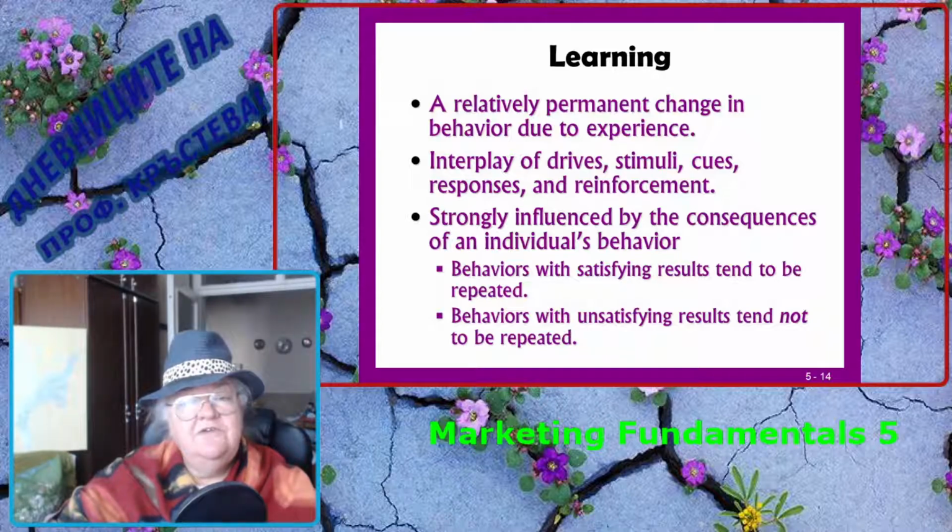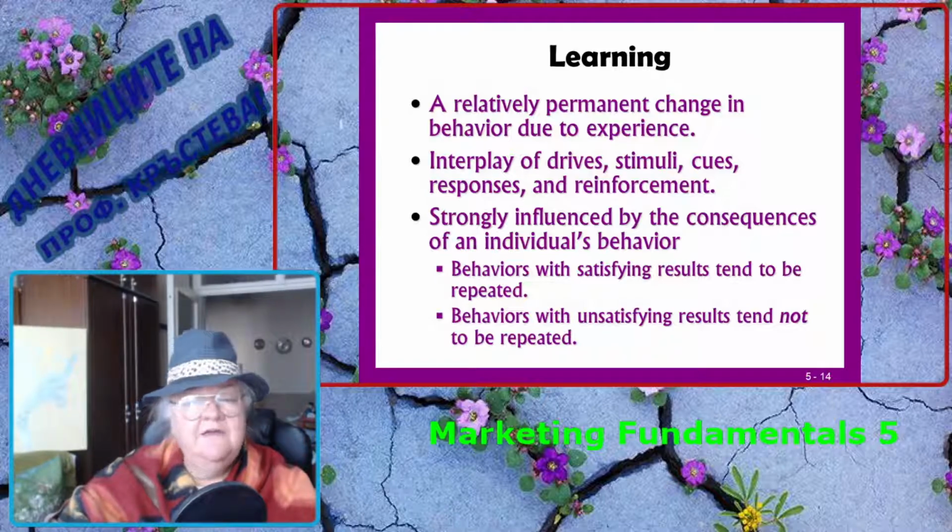The process of learning is also very important for consumer buyer behavior. It is a relatively permanent change in behavior due to experience, an interplay of drive, stimuli, cues, responses, and reinforcement, strongly influenced by the consequences of an individual's behavior. Behaviors with satisfying results tend to be repeated.